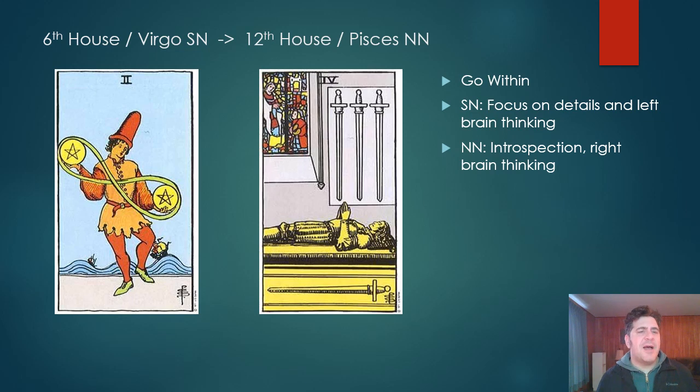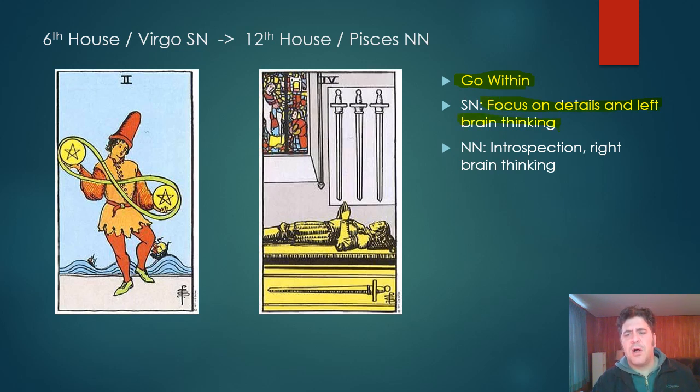Anyway, if you have your south node in the 6th house or Virgo, and it transitions into the north node in the 12th house or Pisces, there's a general movement here of going within. The 12th house is about spiritual introspection, so that's what you're moving towards. Your south node, either in the 6th house or Virgo, has to do with focusing on details, troubleshooting, left brain thinking.